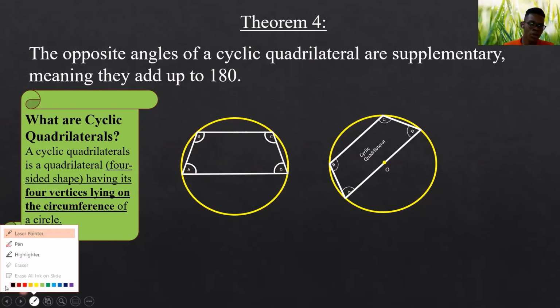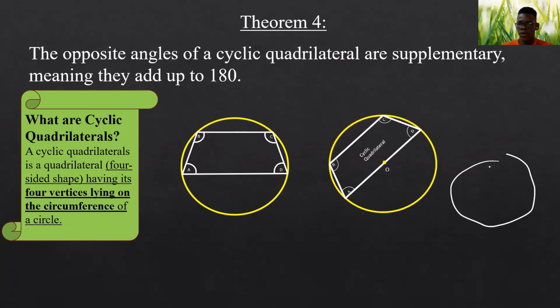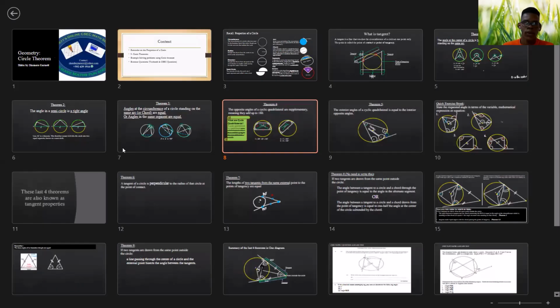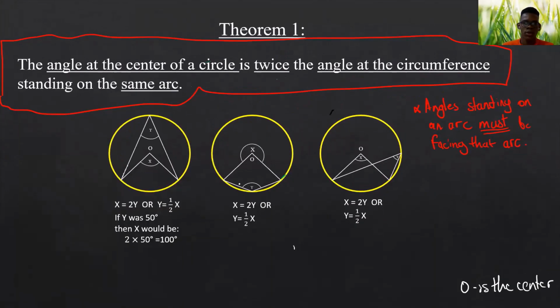Because what can happen, and confuses students sometimes, is that you have a quadrilateral like what we saw before in the first example here. This is a quadrilateral, but it's not a cyclic quadrilateral. This confuses some students simply because, yes, this one is at the circumference, and this one, and this one, but this guy over here is not at the circumference, and so it does not count as a cyclic quadrilateral.